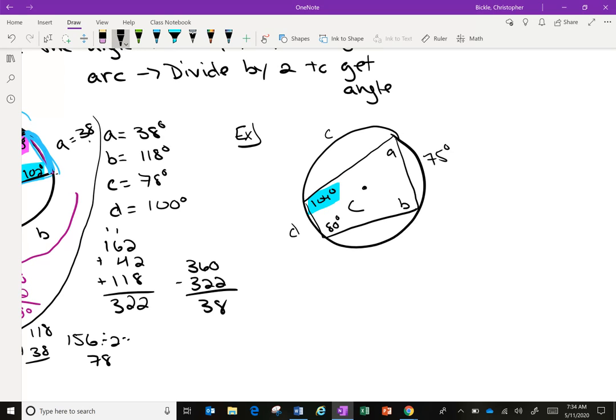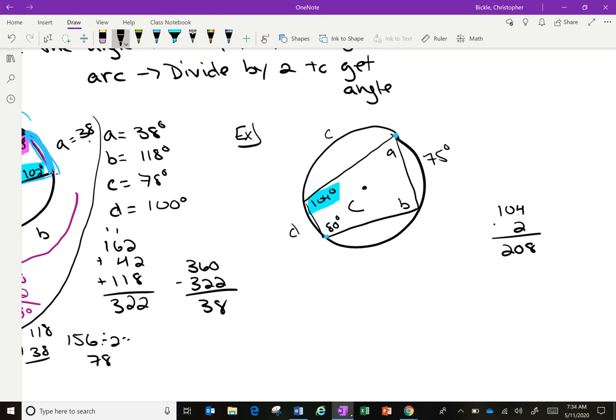So this inscribed angle goes from, and I'm just going to highlight the points on the outside so our circle doesn't look so bad this time, from right there to right there. So I know if they give you the measure of the arc, or they give you the measure of the angle, you multiply by 2 to get outside. You divide by 2 to get back inside. So this is inside the circle. To get the outside value, I want to multiply by 2. 104 times 2 is going to give you 208.